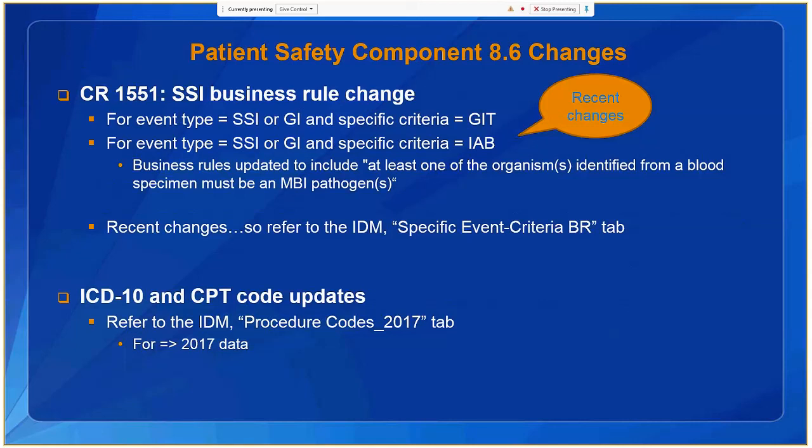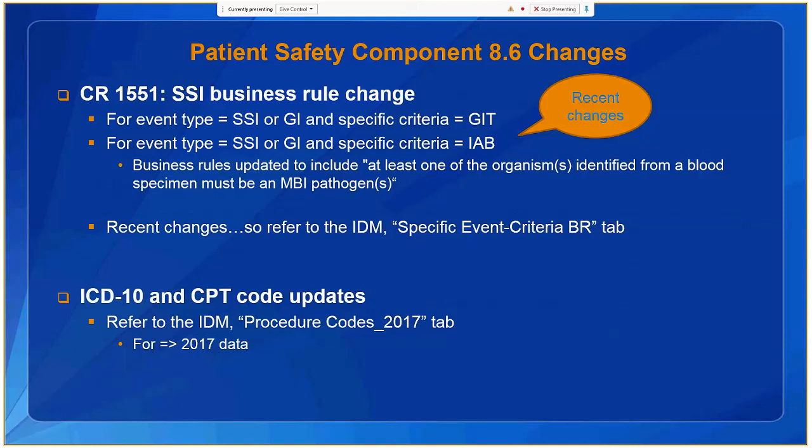So CR 1551 SSI business rules change. Once again, thank you for your questions. It made us go back to the SMEs and ask their opinion. And actually, we noticed there was a discrepancy between what we understood and their updated protocol. So there has been a change.